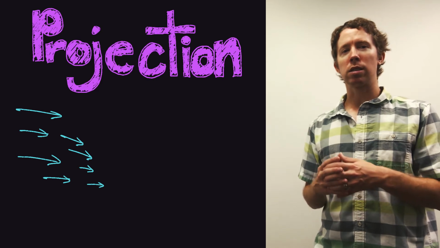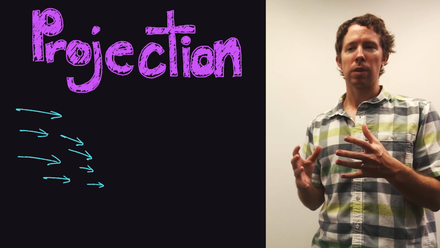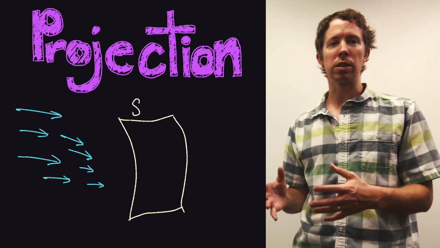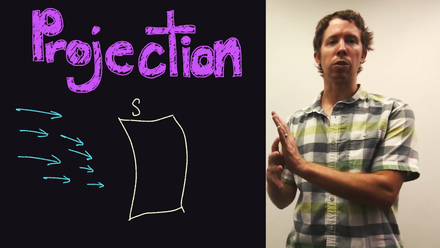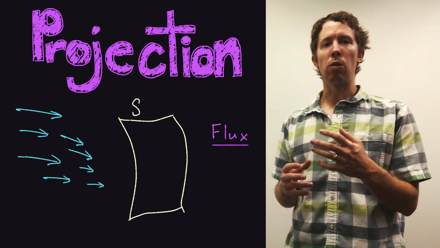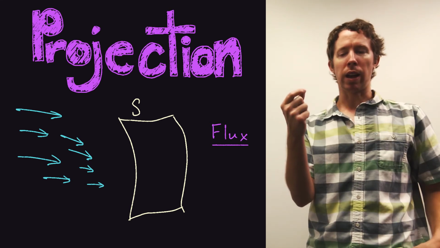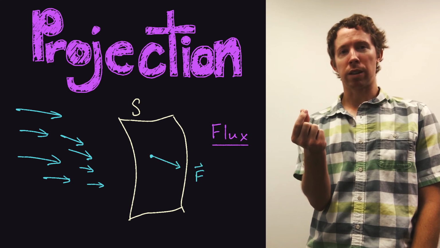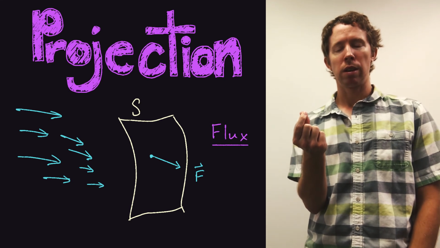And then if you want to study, analyze, or solve problems related to a curved surface in the presence of that field, for example, you might want to know how much stuff is moving through that surface. That's called flux. Then what you'll need to be able to do is take that curved surface and look at any given point on the surface and find the vector that represents the fluid flow or the force field at that point.